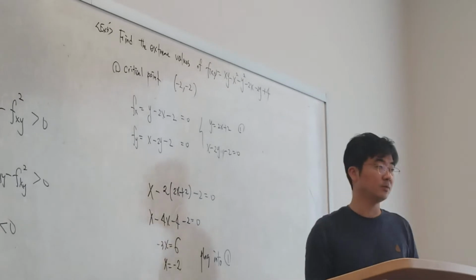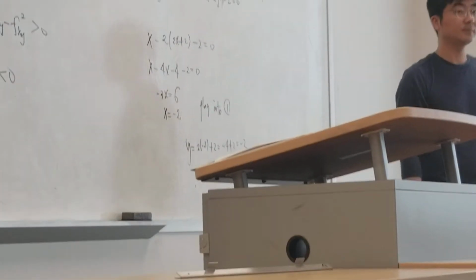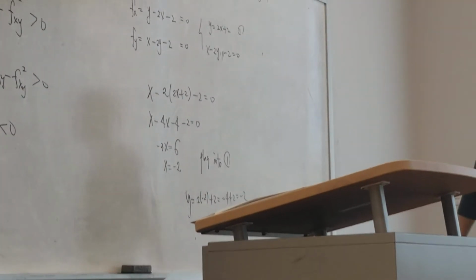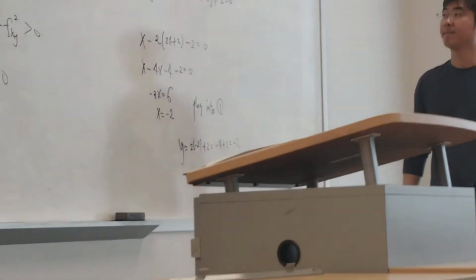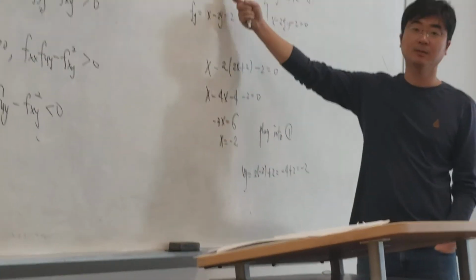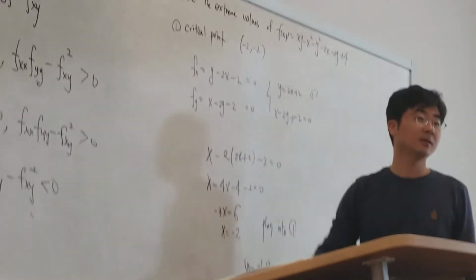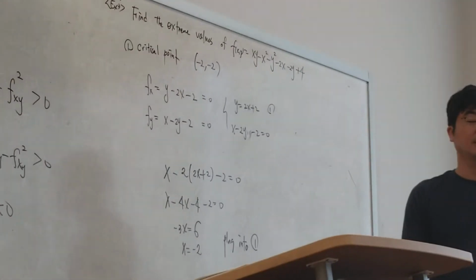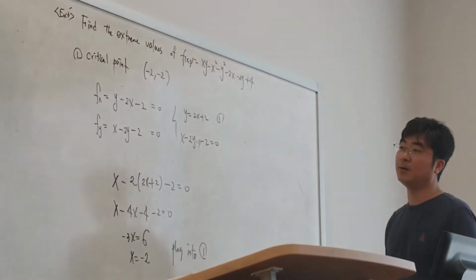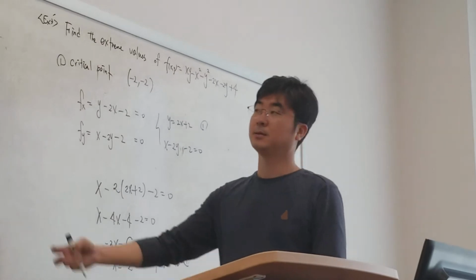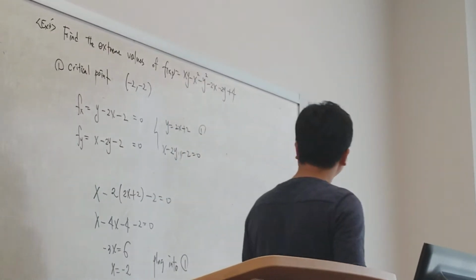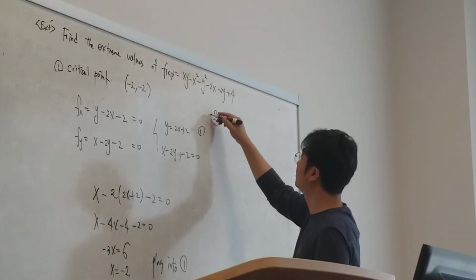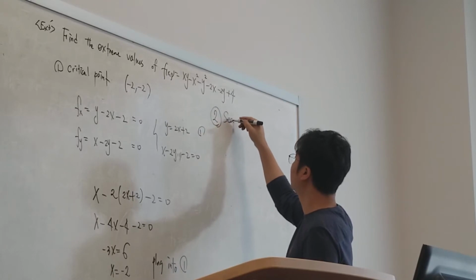That's my critical point. We just solved the system of linear equations. You guys know how to find this one. So once you find it, now let's do the second derivative test. Number 2, second derivative.